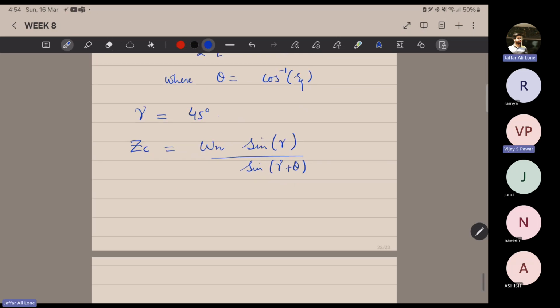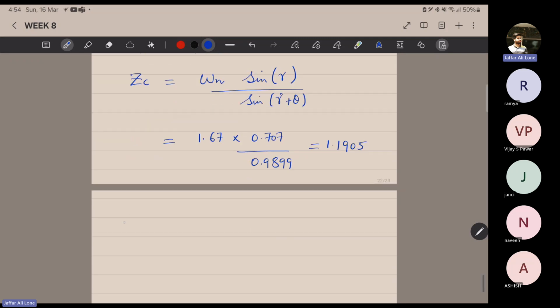If you solve it, it will be 1.67 times 0.707 divided by 0.9899, which comes out to be 1.1905. Just simple calculations, everything is known.